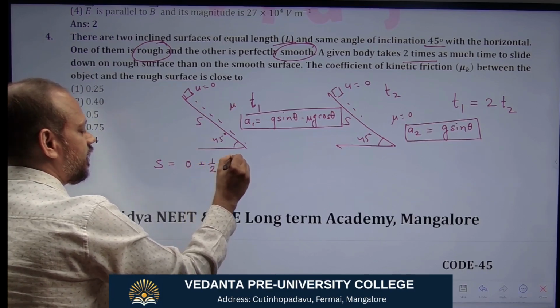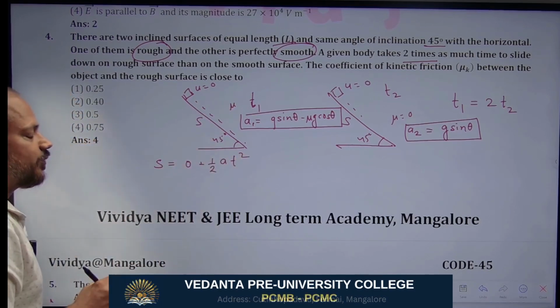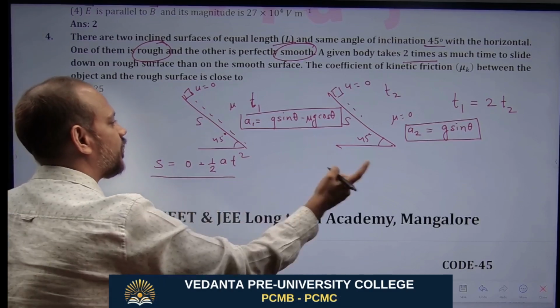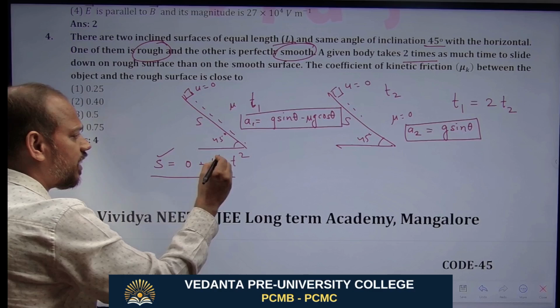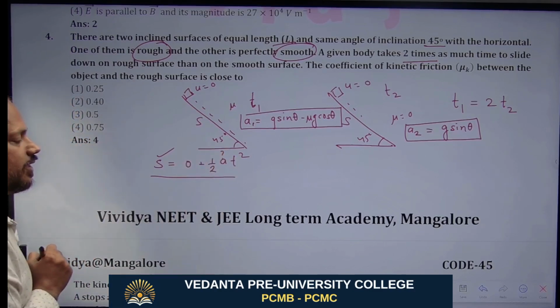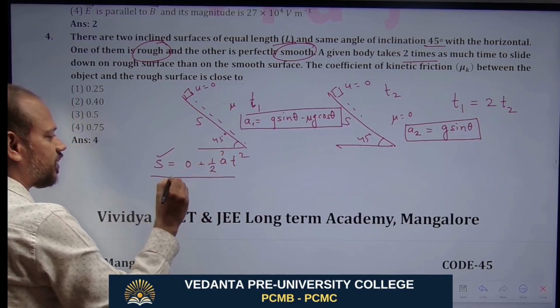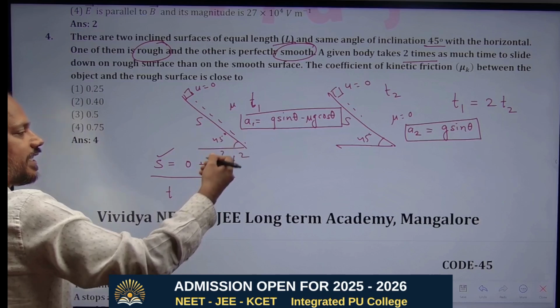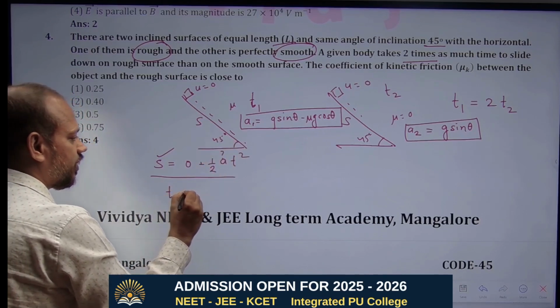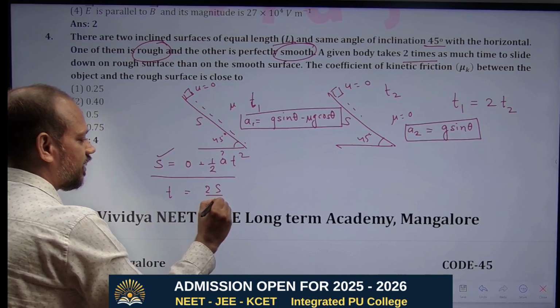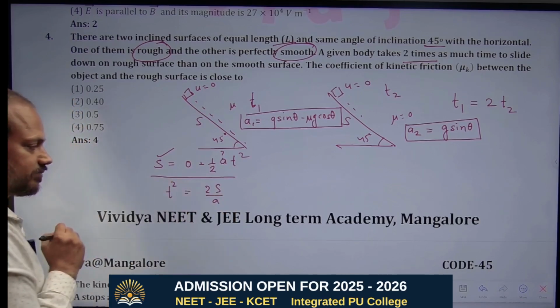If you look at this term in both cases, S is common, A is different, right? So if you see how the time varies with S and A, the time is equal to 2S by A, in fact, the square of it.